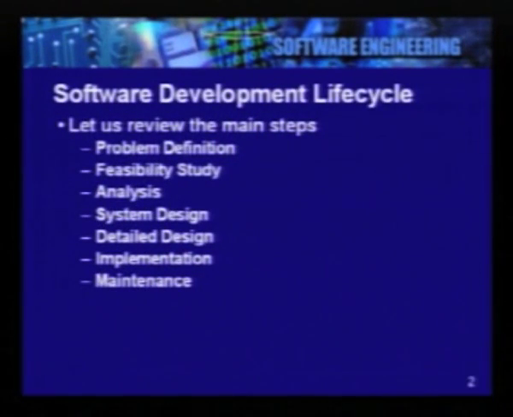The different phases or the main steps that we will look at in this module are listed here. These are problem definition, where we try to define the problem we are studying and which we plan to solve through the software development. Next step is the feasibility study, where, as the name suggests, we try to establish the cost effectiveness of the solution that we are proposing.